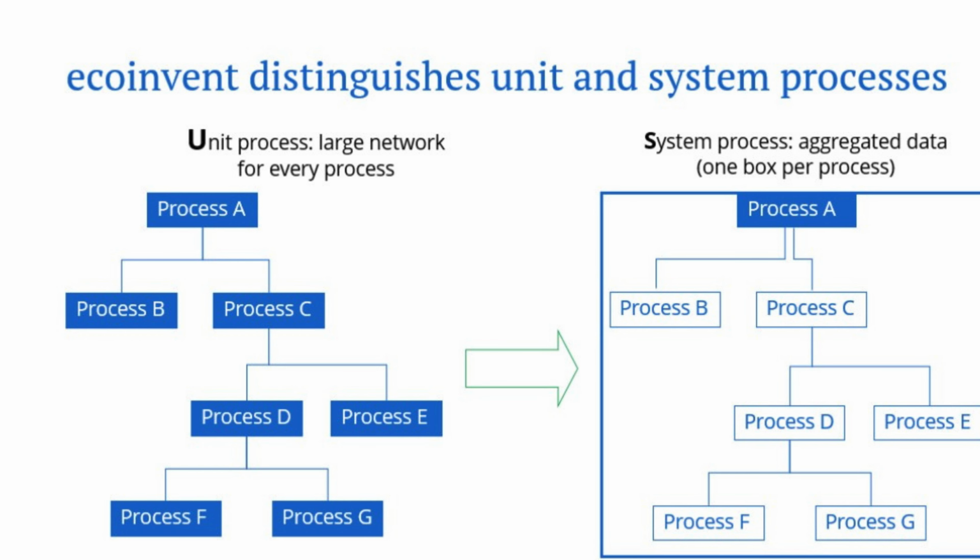Now, let us try to understand the difference between unit process and system process through this flowchart. Here you can see, a unit process is completely unaggregated. This means it not only contains the direct data for this one specific manufacturing step, but it keeps active links to every single upstream supplier.